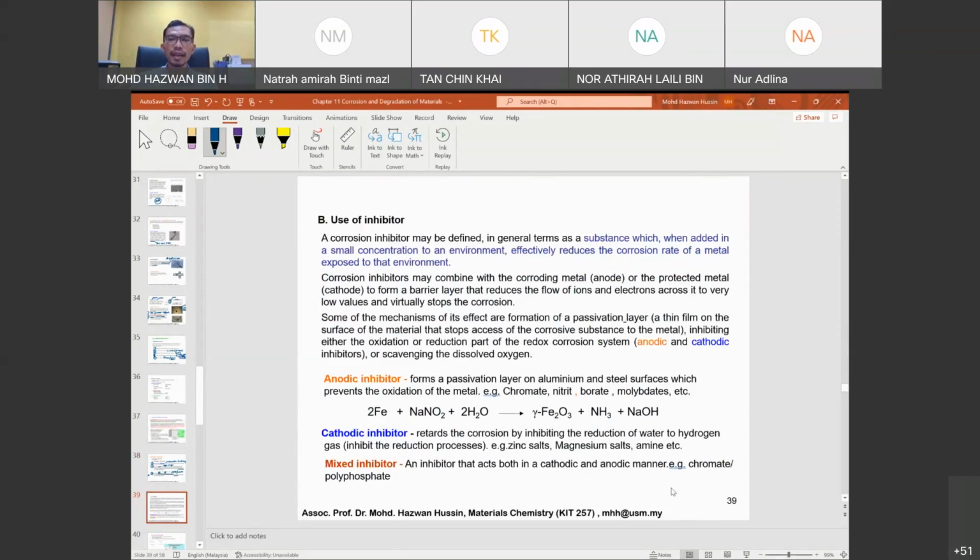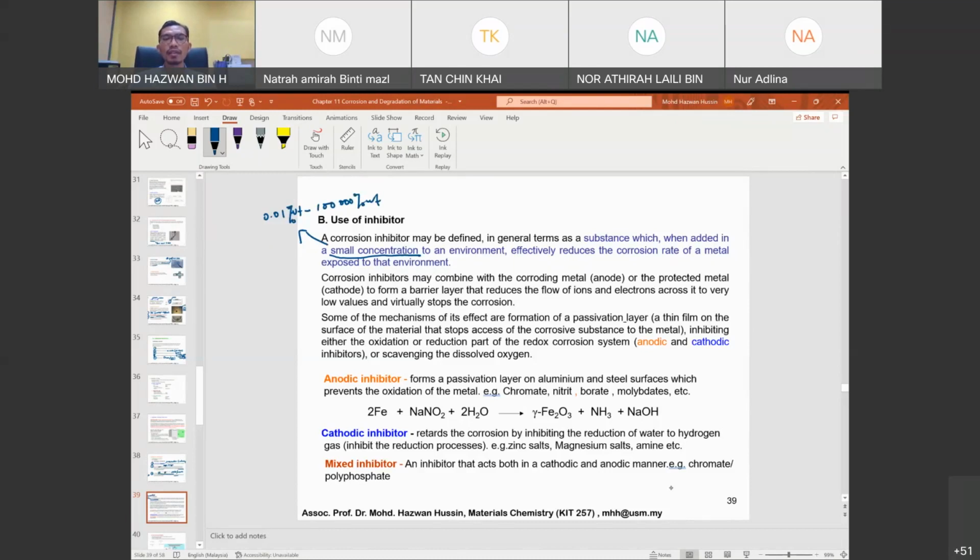A corrosion inhibitor is a chemical that is used normally in a small amount, small concentration, normally ranging from 0.01 up to maybe 100, in percent weight. But normally the lower it is, the better. So if you have a corrosion inhibitor that is effective even if you put in a small amount, then this is the best corrosion inhibitor.